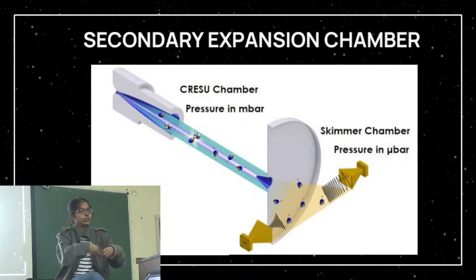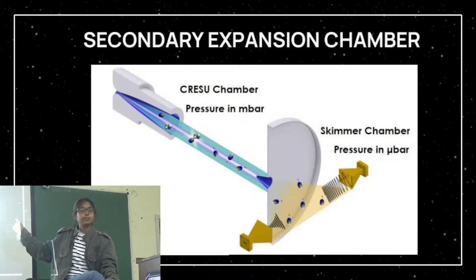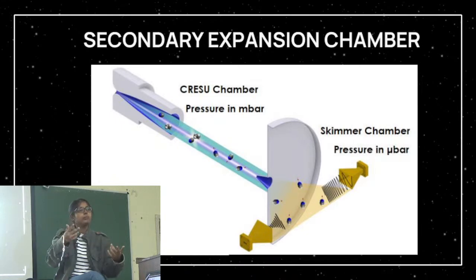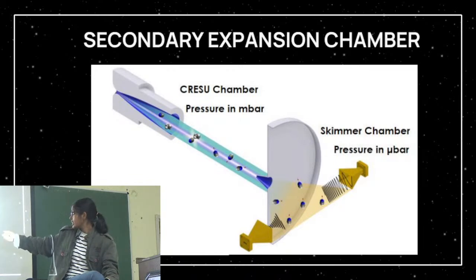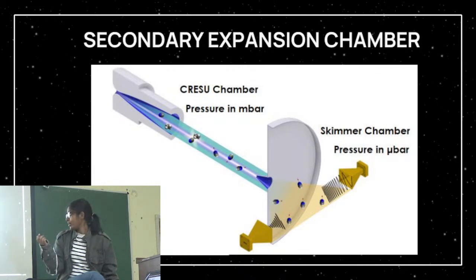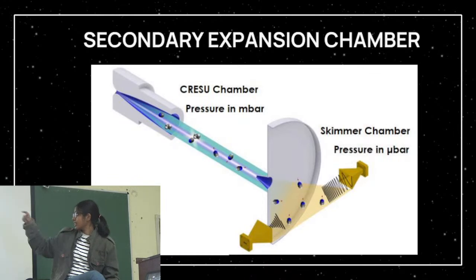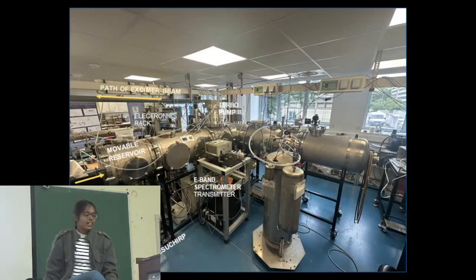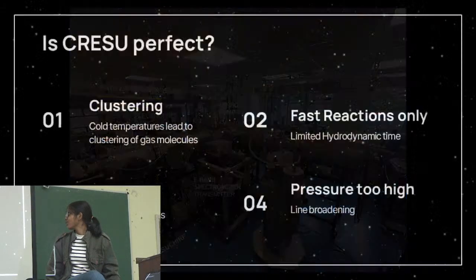Products are expanded into the secondary chamber, and there is the microwave horn, where the measurement can take place at much lower pressure. Obviously, to create this lower pressure, you have an extra pump attached, so you create a pressure gradient between the skimmer chamber and the flow chamber. Where you're actually measuring is in the skimmer chamber, not the flow chamber anymore. That is what was in the picture as well. That's a turbo pump on the skimmer chamber. We were already in the skimmer chamber, I'm sorry for that.